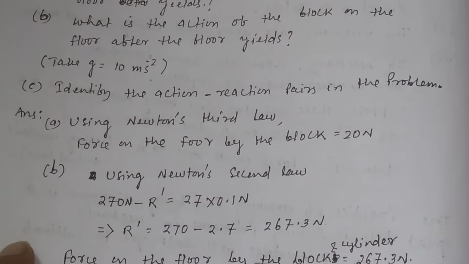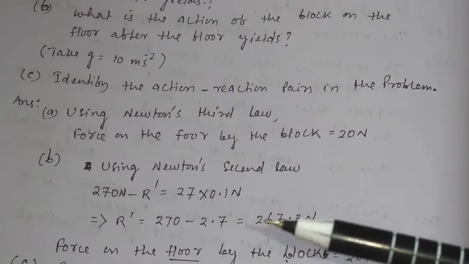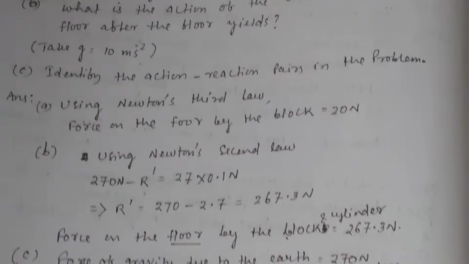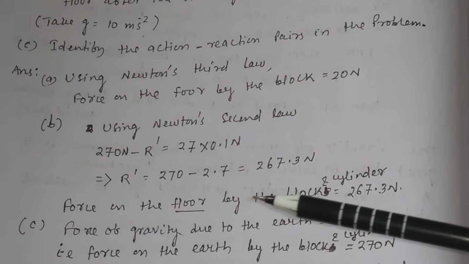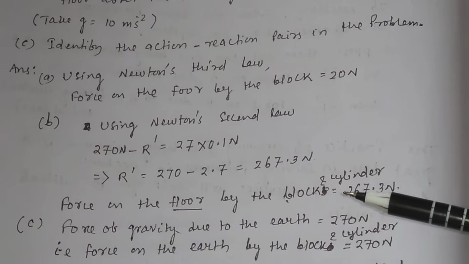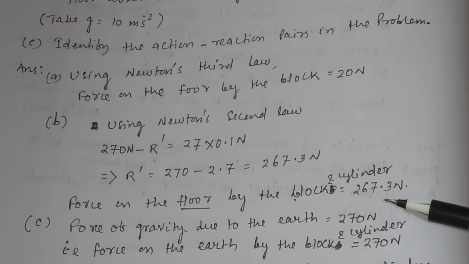So R dash will be equal to 270 minus 2.7, that is equal to 267.3 Newton. So here you see the force on the floor by the block and cylinder is equal to 267.3 Newton.